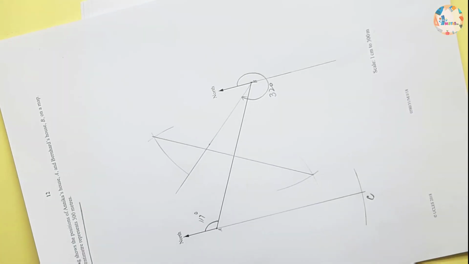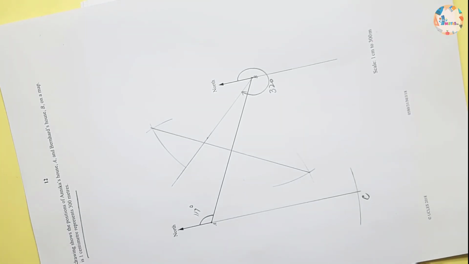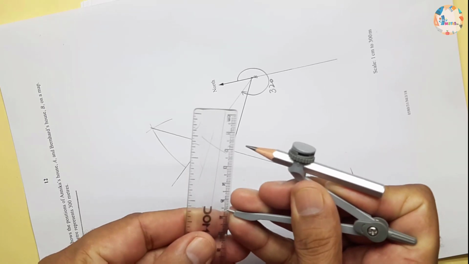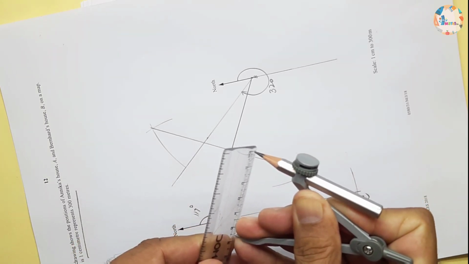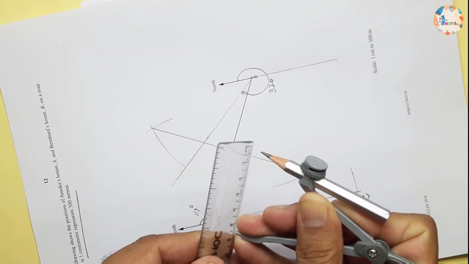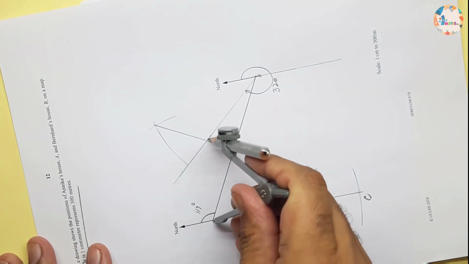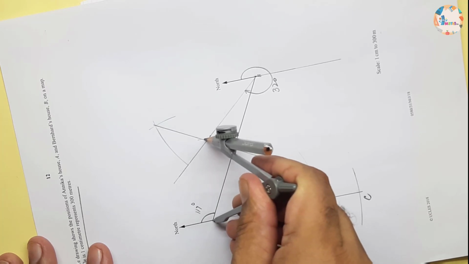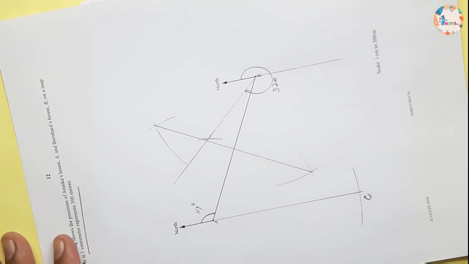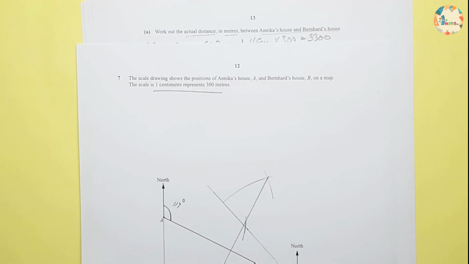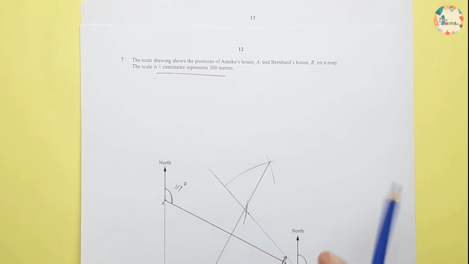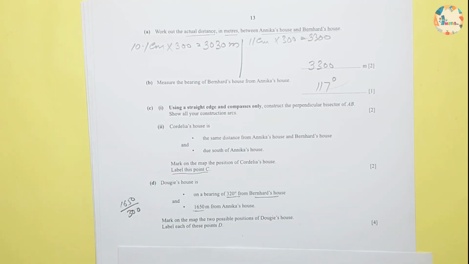So we will open the compass to 5.5, and 5.5 will be like this. So this is 5.5, and now, keeping the compass at A, we can mark over here. This will be the location.